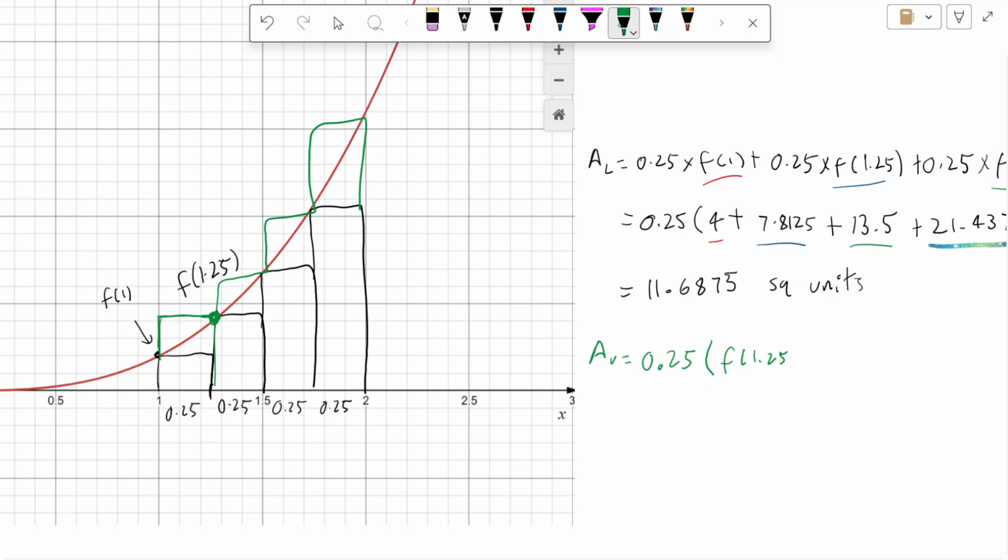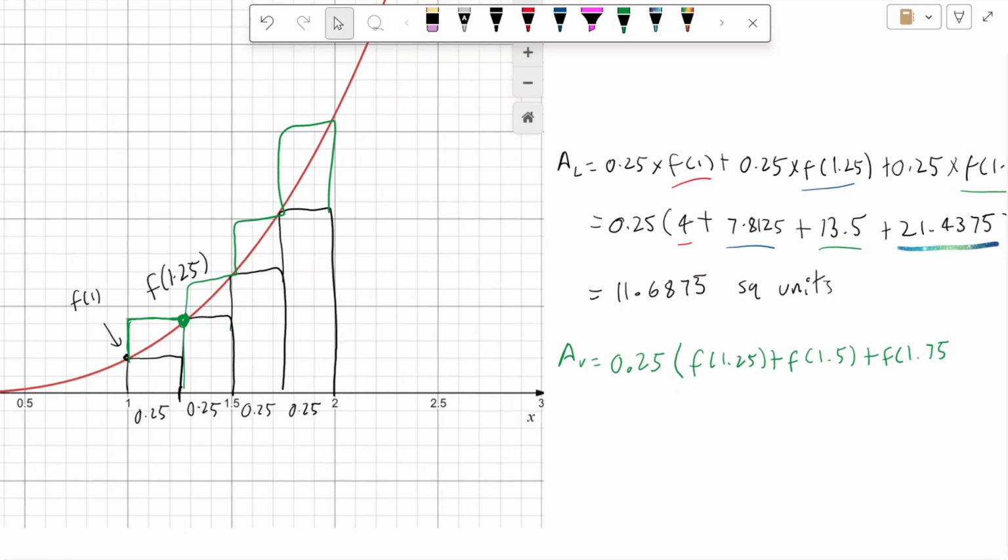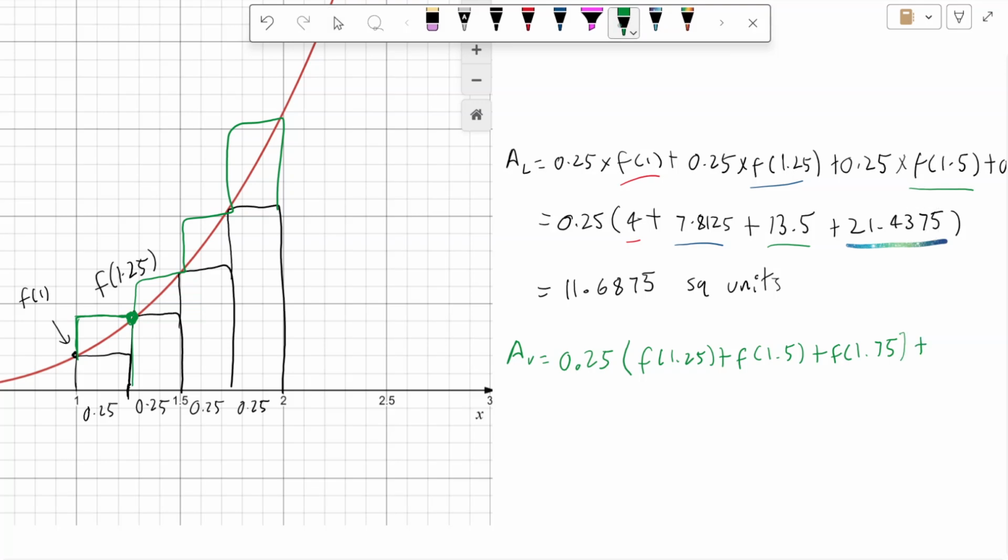So it's almost like the last calculation, but everything's shifted right, and then you have this extra one on the end. The last rectangle we haven't seen before, a rectangle this high, but the x value there would be 2, so the y value is f of 2. That's how high that rectangle is.